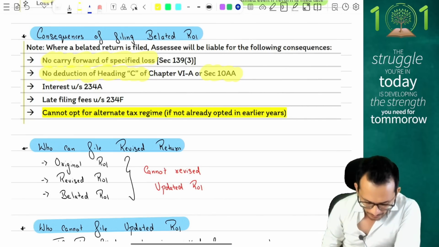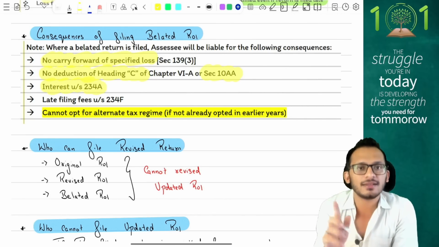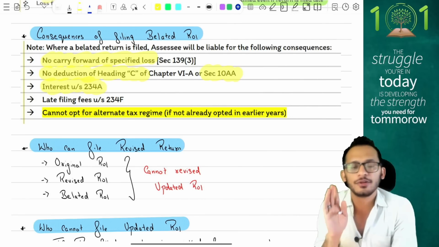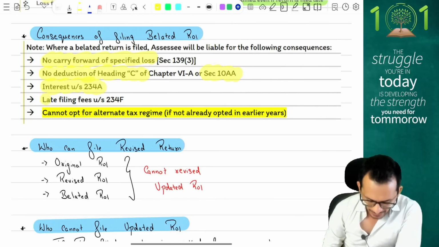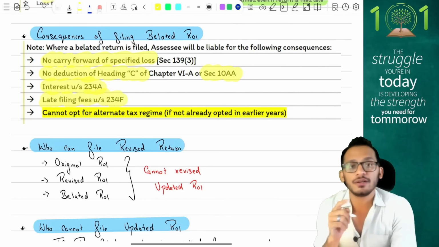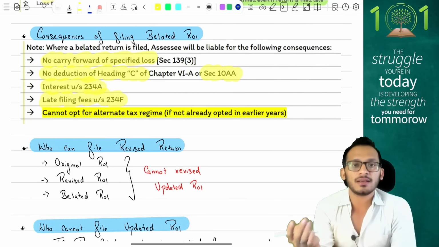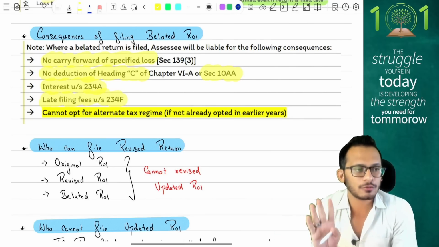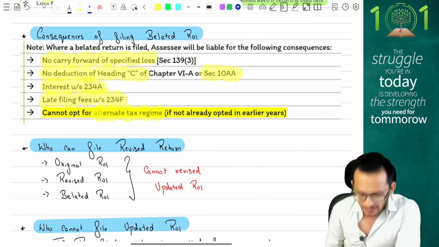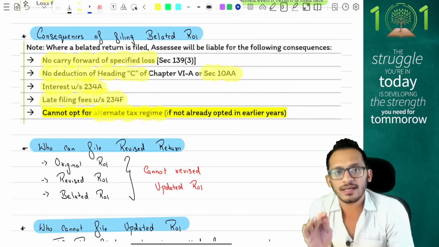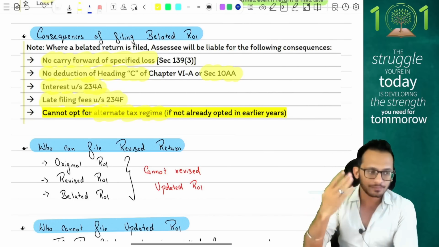Third, you will be liable for interest under section 234A at the rate of 1% per month or part thereof, from the day after the due date till the date on which you file your return. Fourth, you will be liable for a late filing fee under section 234F of 5,000 rupees. But if your total income is below 5 lakhs, then the fee is only 1,000 rupees. And the last and most important thing, the person cannot opt for the old tax regime or the alternate tax regime. He only has to go for the default tax regime unless the question specifically mentions otherwise.